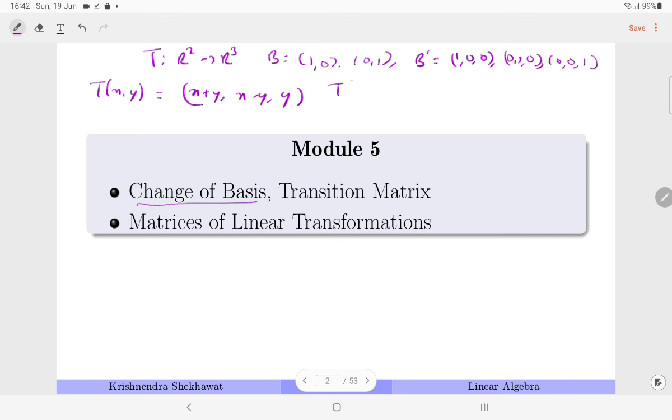It means that I can write down T of (x, y) as the matrix [1 1; 1 -1; 0 1] times (x, y), which also means that T of V can be expressed as A V, if T is a linear transformation, where A is a matrix.